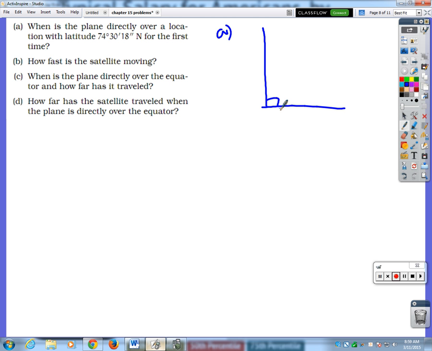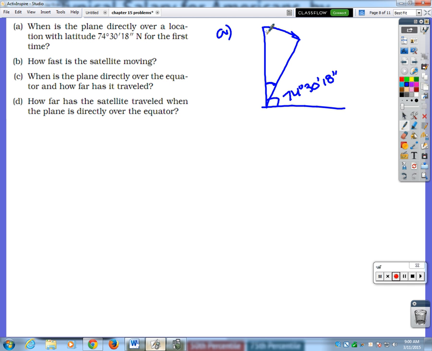Okay, so the plane is flying this direction. Latitude 74 degrees, 30 minutes, 18 seconds means that this angle right here is 74 degrees, 30 minutes, 18 seconds. Unfortunately, we need to find out what this angle is so that we can use that to find the length of that arc, and then we can translate that into a time because we know the airplane speed.